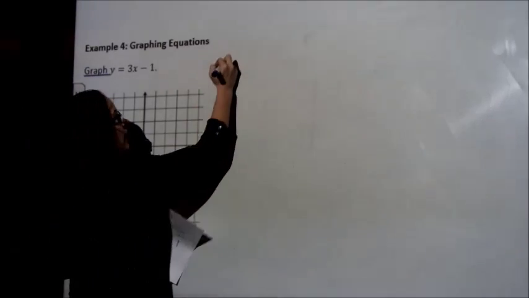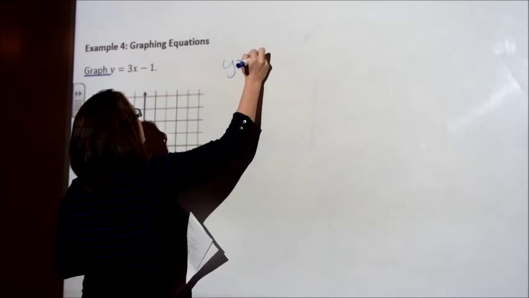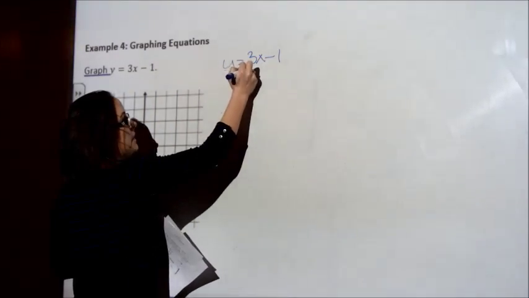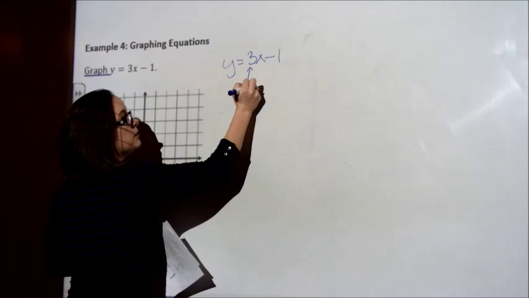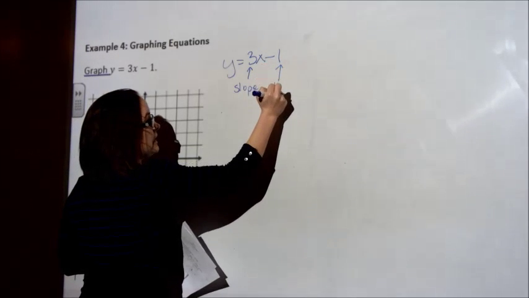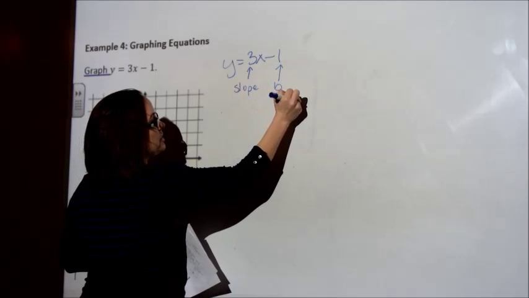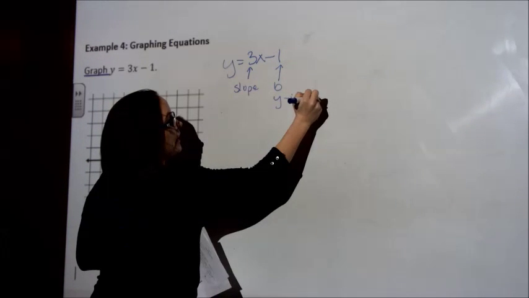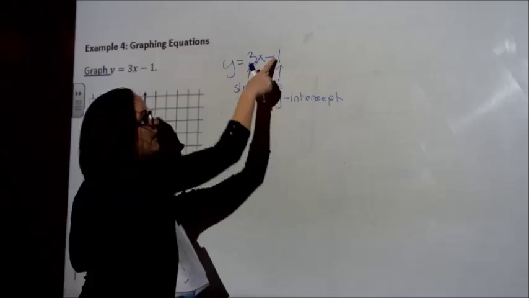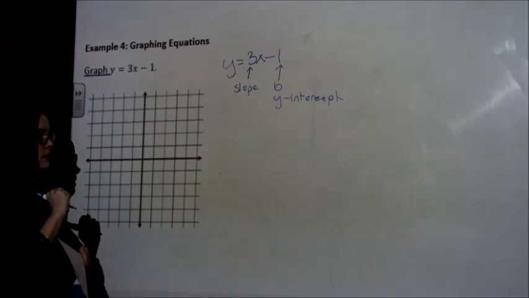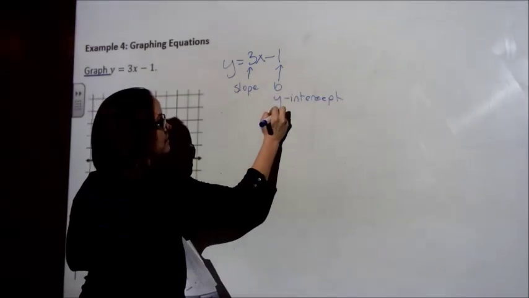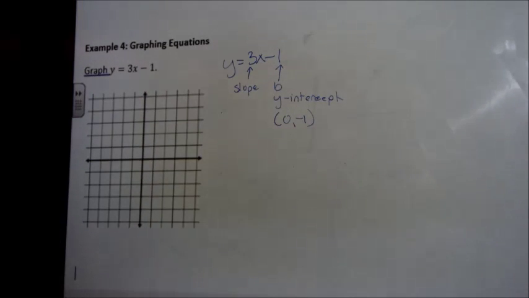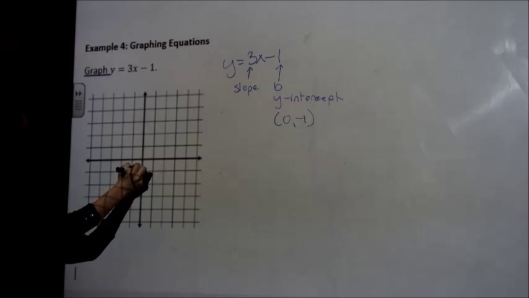So if we have y equals 3x minus 1, we know what m is, or our slope, and we know what b is, or our y-intercept. So because we know our y-intercept, we can go ahead and find that first. Our y-intercept in this case is going to be (0, negative 1). So let's find that point first. (0, negative 1).